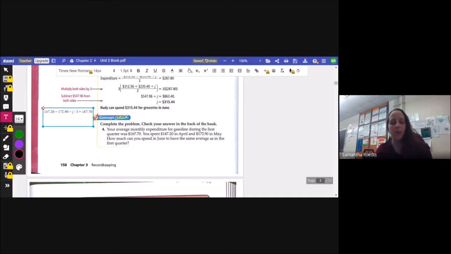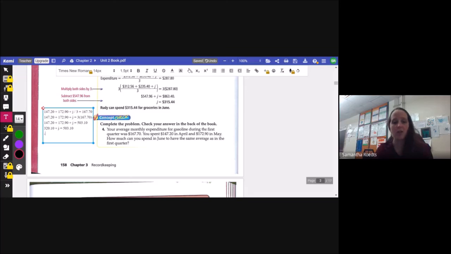From here, I'm going to multiply both sides by 3. So when I do that, I get 147.20 plus 172.90 plus J equals 3 times 167.70. And 167.70 times 3 gives me $503.10. And I'm going to add the 147.20 and the 172.90, which gives me $320.10 plus J equals 503.10.